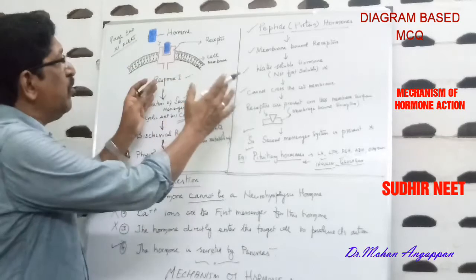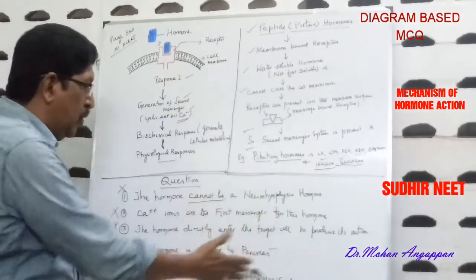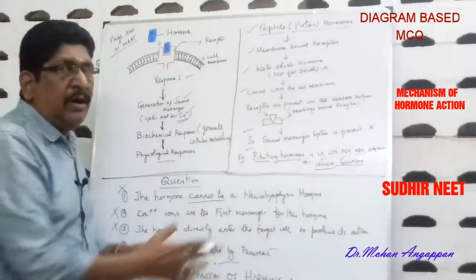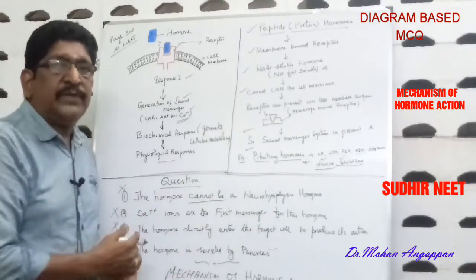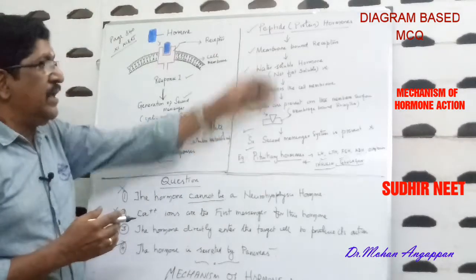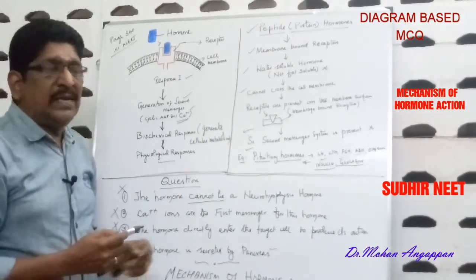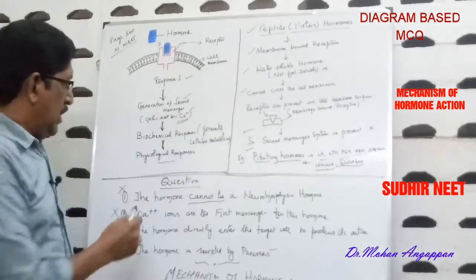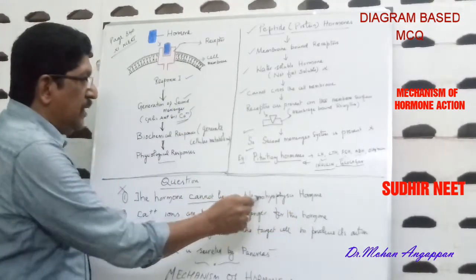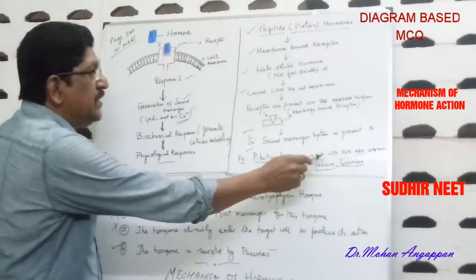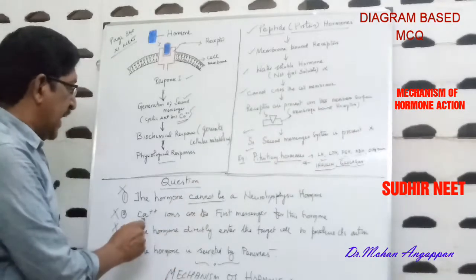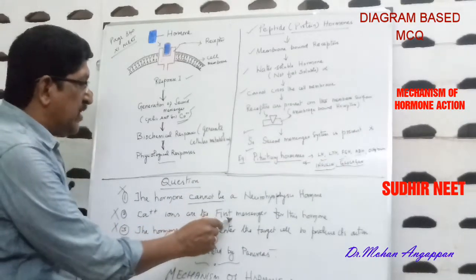So we have arrived at the right answer that the hormone is secreted by the pancreas. Even though the hormone is a peptide hormone, there is no word here that it is a peptide hormone. It's an indirect question. You have to find out the answer by knowing the examples. So to summarize, the hormone cannot be a neurohypophysis hormone because neurohypophysis secretes oxytocin, vasopressin, etc. Then, are calcium ions the first messenger?